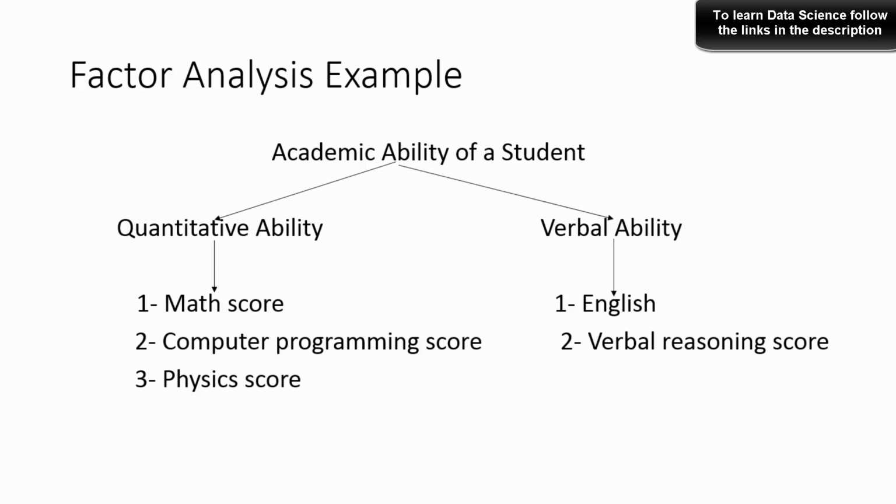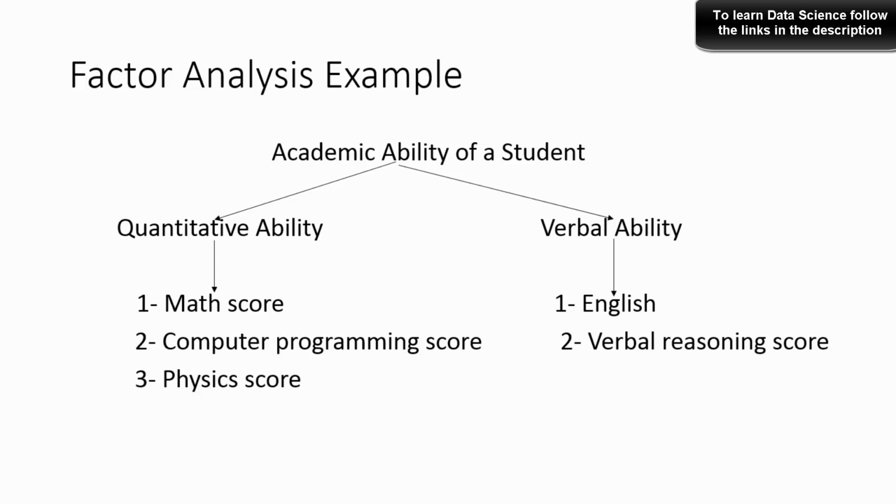These five variables are correlated among themselves in some way. Mathematics score is correlated to computer programming score, and mathematics score is again correlated with physics, and they're all correlated among themselves. But it is very unlikely that mathematics score will be correlated to English. It may not be correlated.